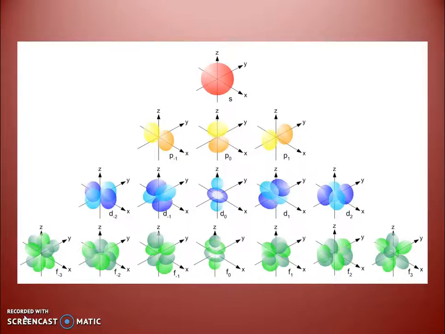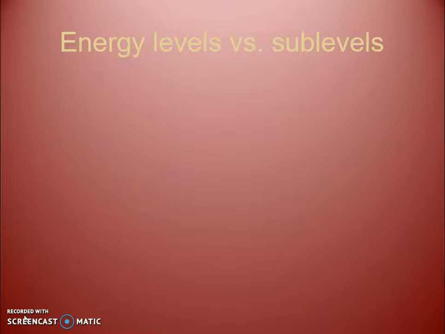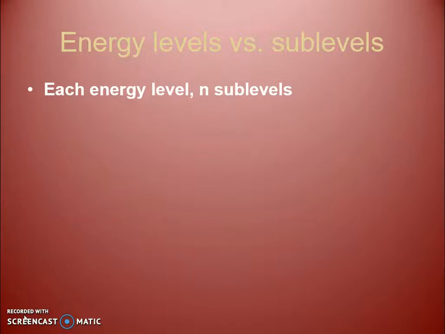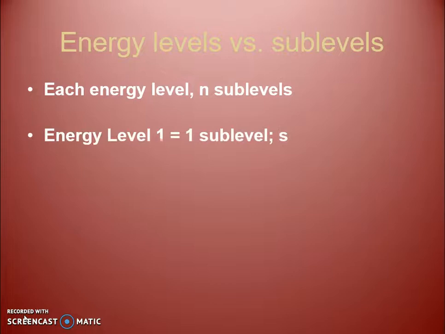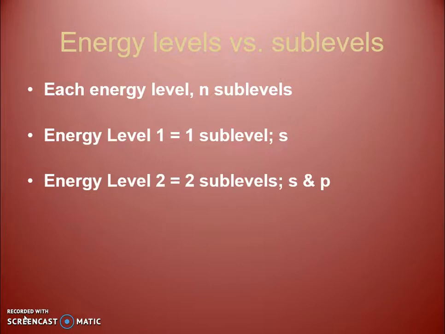So we need a way to remember how they all fit in while looking at the energy levels versus the number of sublevels. The energy level is equal to the number of sublevels, n. So when you're in the first energy level, there's just 1 sublevel, and that sublevel is the S sublevel. In the 2nd energy level, there are 2 different sublevels, the S and the P. So therefore, there's 4 orbitals in total, because 1 S plus 3 Ps, 4 different orbitals.